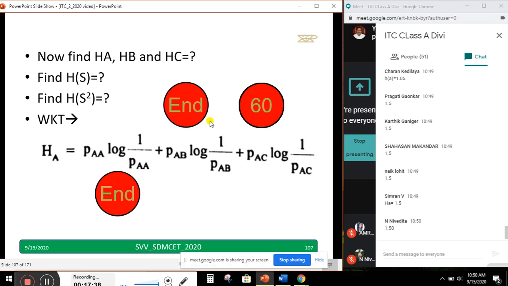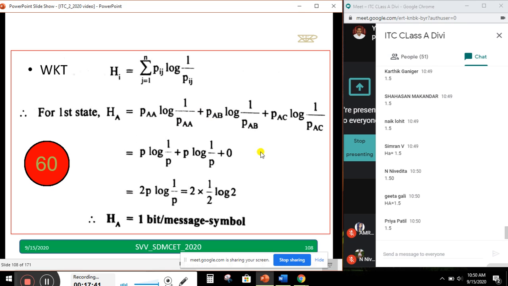Let me show you the answer. Just check your answer. The given is P log 1 by P, P log 1 by P. Product of AC, whether it is there or not, simply should not fill. There is nothing there, A to C. Therefore, it is 0.